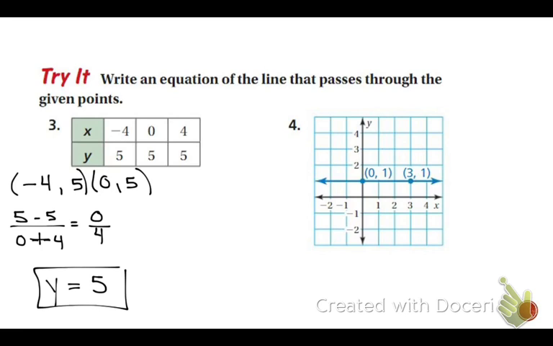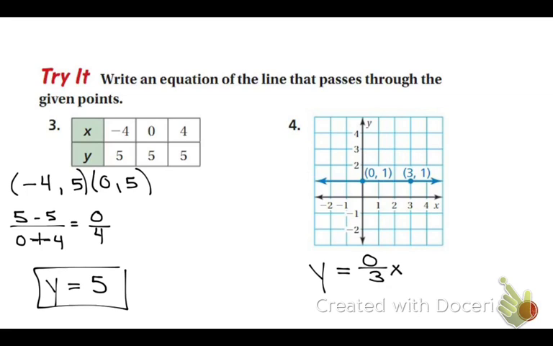From the point on the left to the point on the right, what is my change in rise? Do I go up or down any? No. So my change in rise is 0, and what is my change in my run? 1, 2, 3. So my slope is 0 over 3. Y equals 0 over 3x.